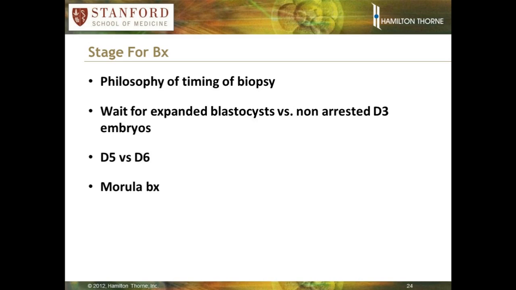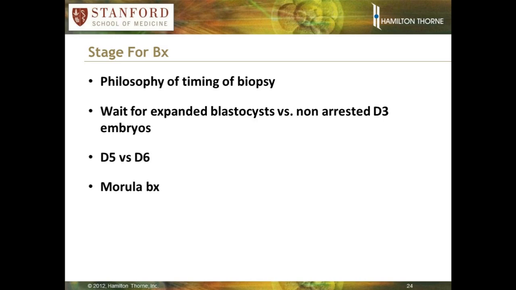So it's clear that although we may be reducing or shrinking the denominator, our power to select the baby maker with morphology alone is not sufficient to pick the single embryo that's going to make a baby. So the philosophy that I'm referring to is a bit of a mindset difference, which is to think of going to blastocyst as an opportunity to eliminate embryos that have arrested on day 3.